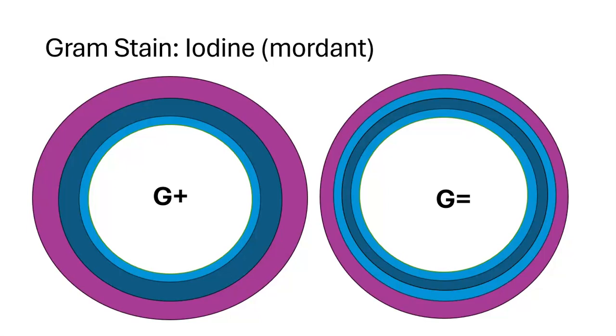It doesn't have much of an effect on the gram-negative cell because there is no exposed peptidoglycan. So the stain remains the same. Both cells are stained purple at this point, and the iodine is then rinsed off.